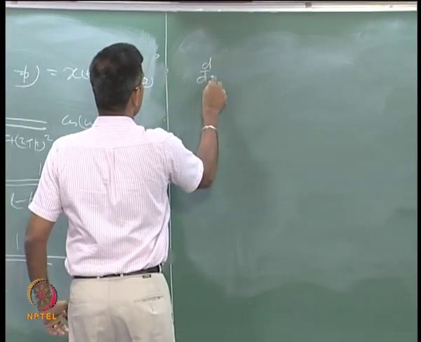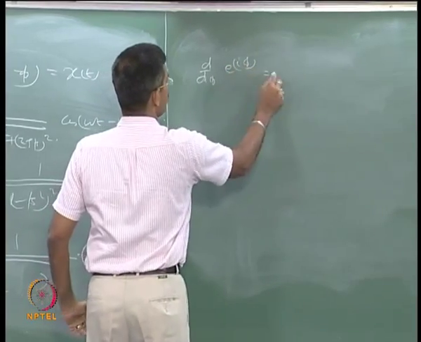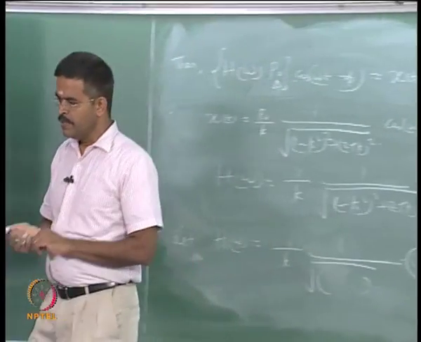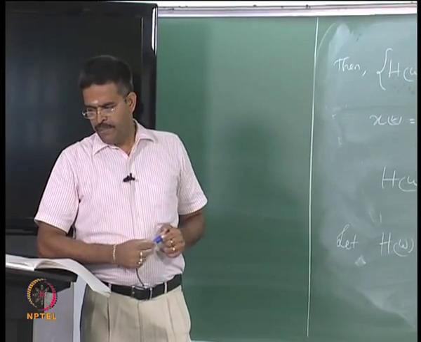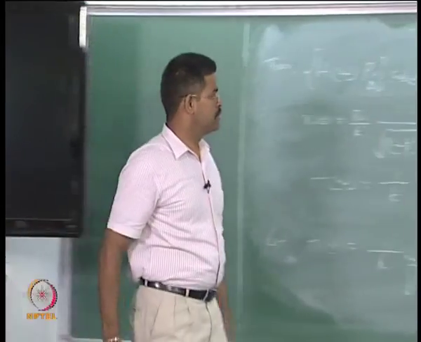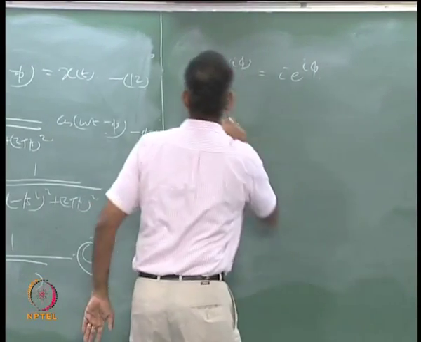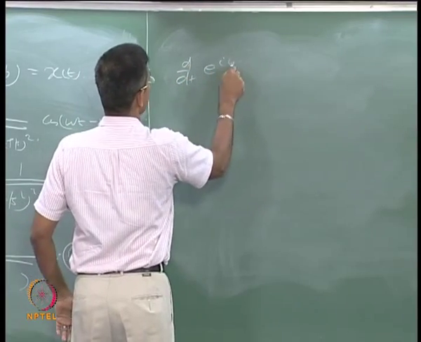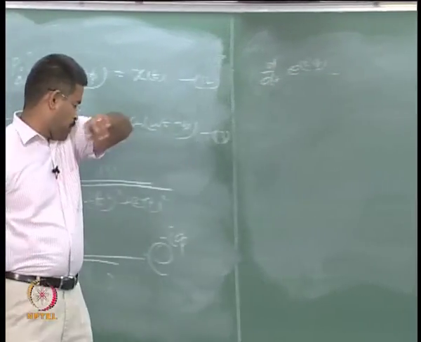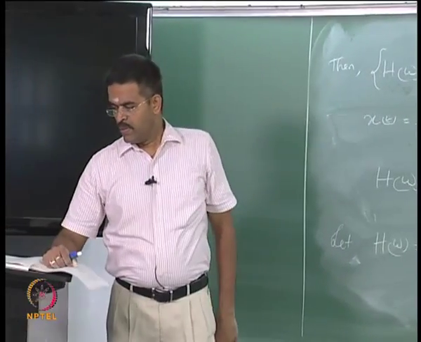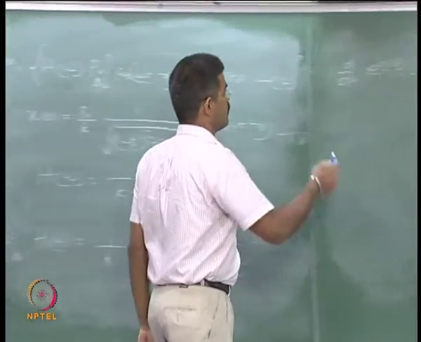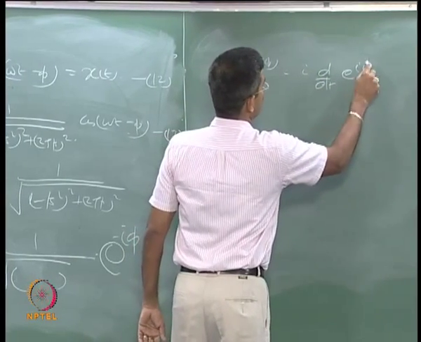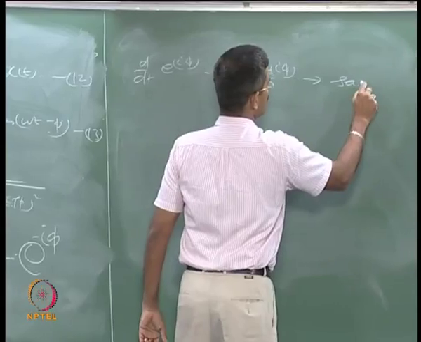Now d by d phi of e^(i phi) will be i e^(i phi), is it not? Let us say time domain, I am talking about the time domain. Let us say d by dt of e^(i phi) is i times e^(i phi), same. It means I am getting back the same function.